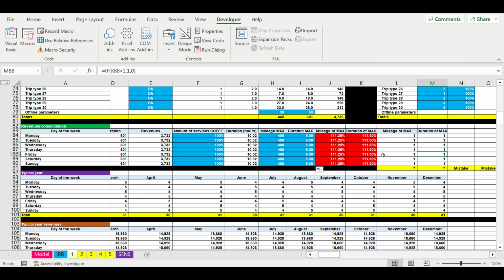So this will mean that we will have to decrease the amount of trips because our limits are exceeded. So that's why let's, for example, take 70% of the current amount of services, 70, then 75, 80, 90, no, let's say 88.